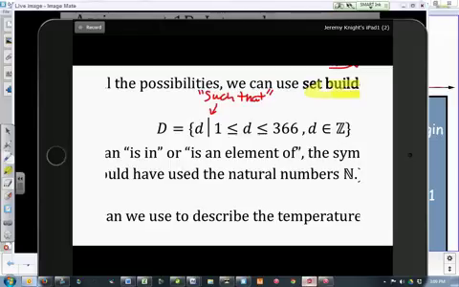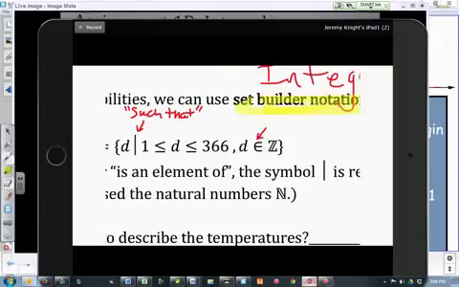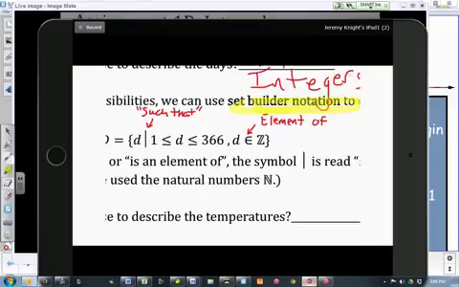And what else has to be true about D? It's an integer. What does Z mean? Integers. This little symbol right here means, as it says in the text below, is an element of. And this little line there means such that.